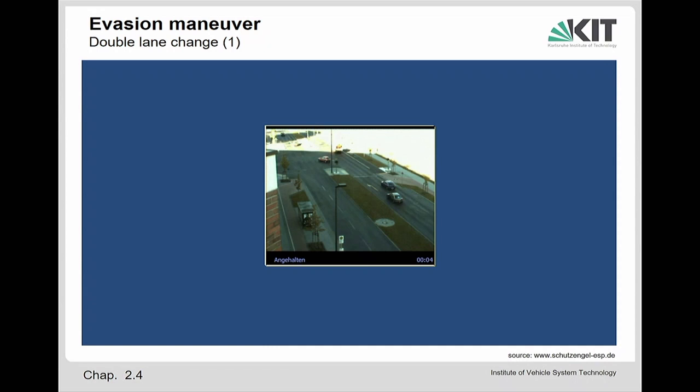What we can see here is a traffic situation. Here's a street with 2 lanes in every direction, and there is some grass in between. And we can see here a red car which intends to turn left, and here is another road, so he wants to go left.